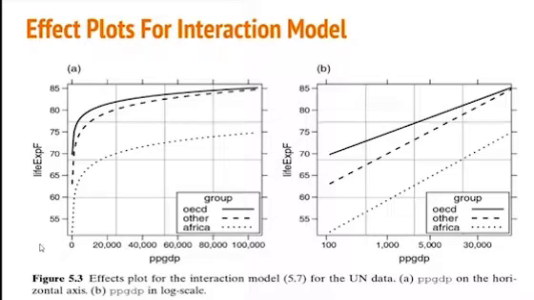The first one is what we call the effect plot for the interaction model. And the second one is when we realized that there was a linearity violation when we looked at the relationship between life expectancy and PPGDP.